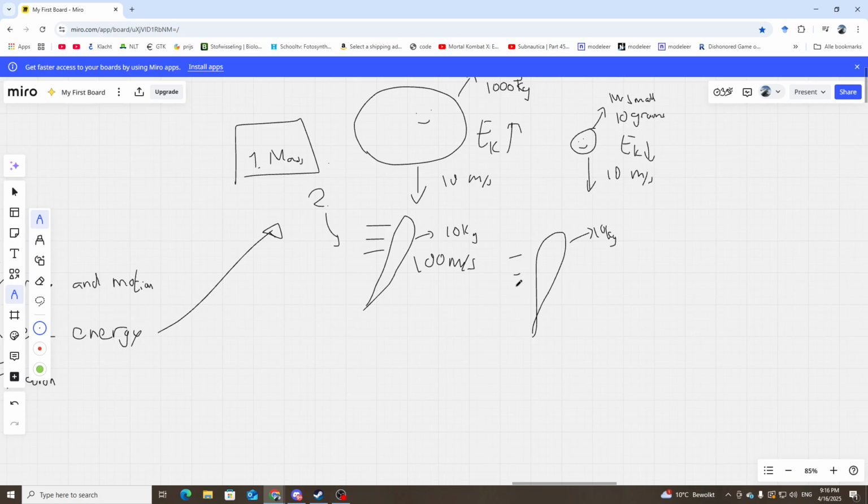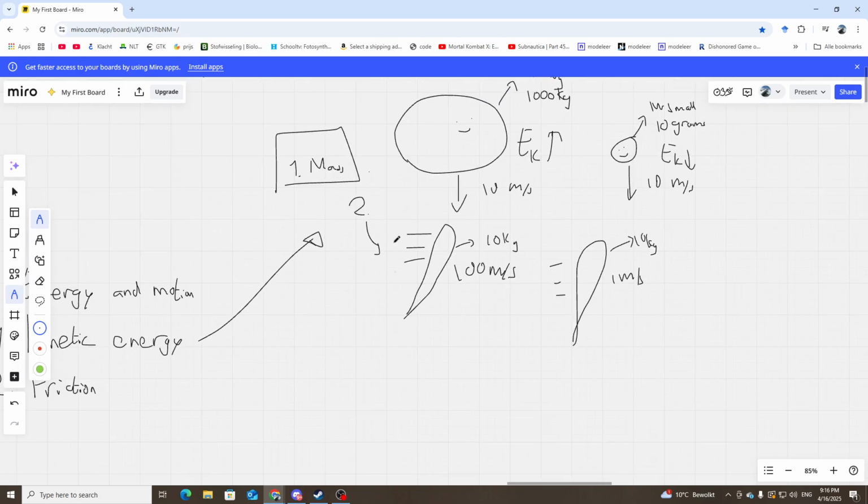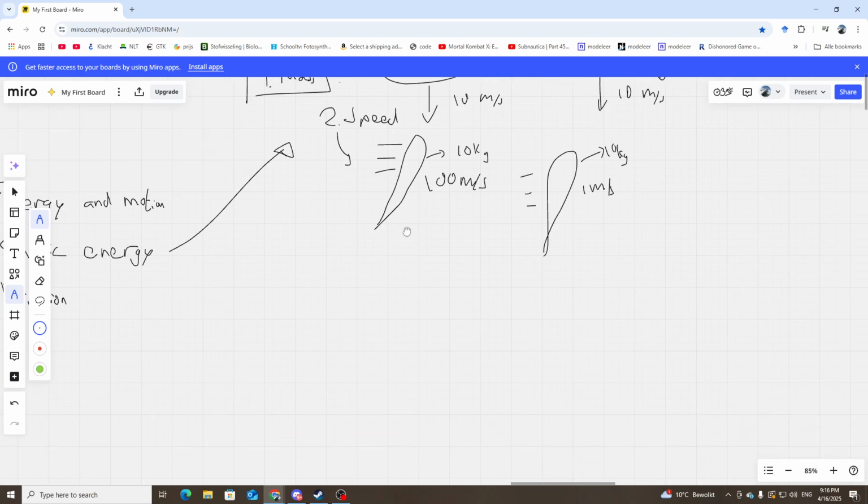This one is moving at a mere 1 meter per second towards your head. Which one is going to hurt more? The 100 meters per second one. If I hit someone at 100 meters per second with a baseball bat, that's going to send them to the hospital. If I do it at 1 meter per second, maybe they have a little bruise on their head. So the faster an object moves, the higher the kinetic energy. So the second thing that impacts kinetic energy is speed.